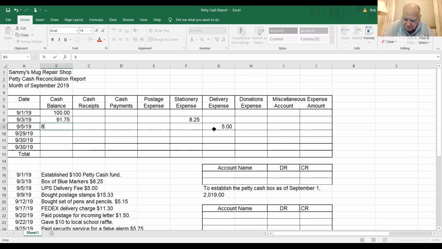This will become 86.75. 86.75. And I'll do one more, postage. We had postage for 15.33 on this date. 15.33. So this would become 71.42. Okay. So you get the idea.